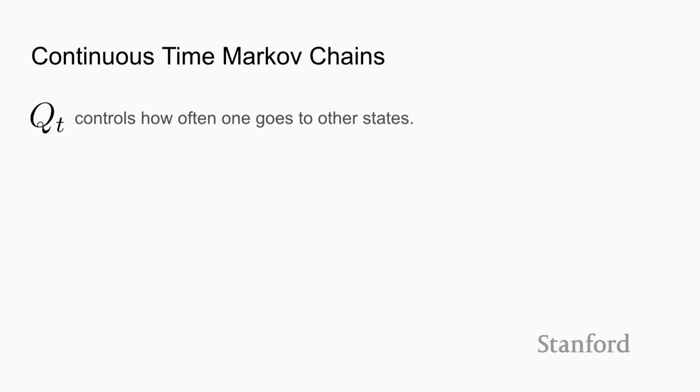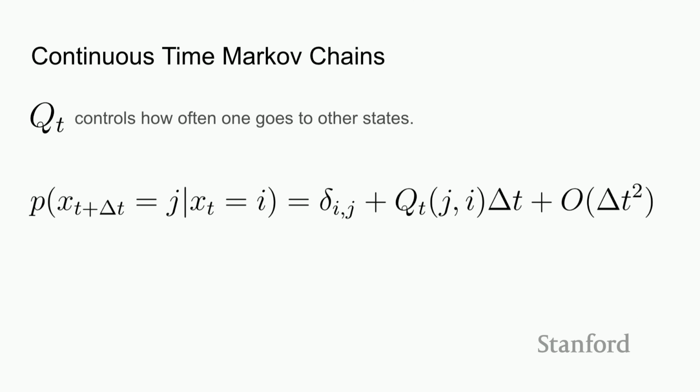If we want to jump from a state i to a state j over a period of delta t, we look at whether or not we stay at the current state, and then add the following matrix term times delta t, plus a second order term that we get rid of for practical purposes. This is the analog of Euler-Maruyama sampling for diffusion models, a time discretization of our sampling process. We can clearly see that the matrix entries of QT are the jump transition rates from i to j.